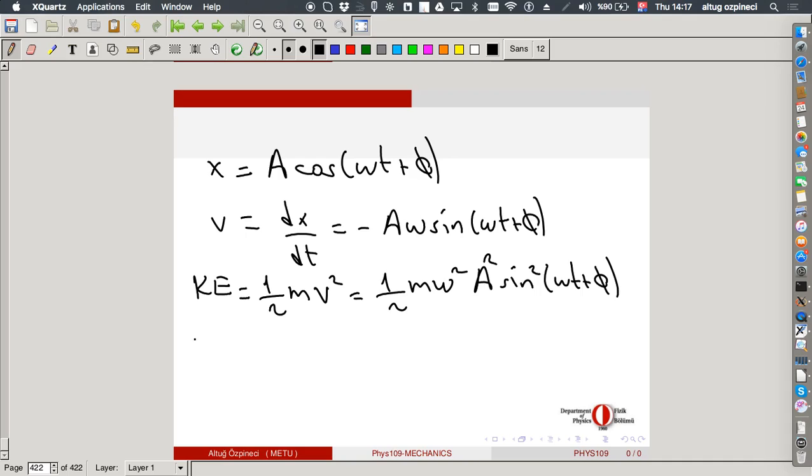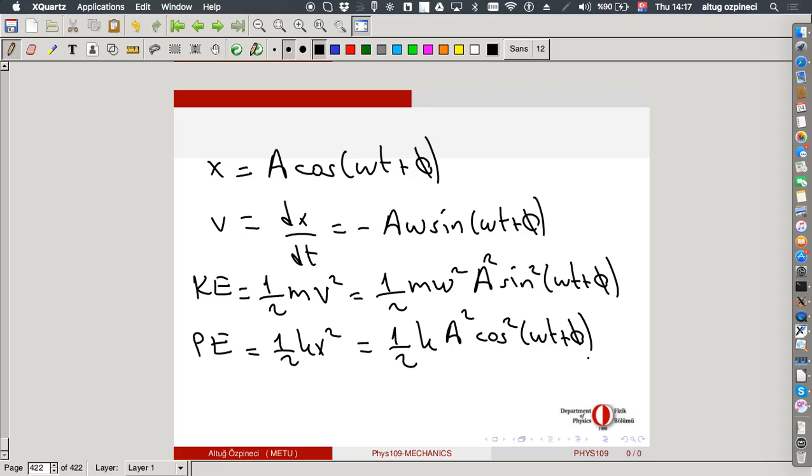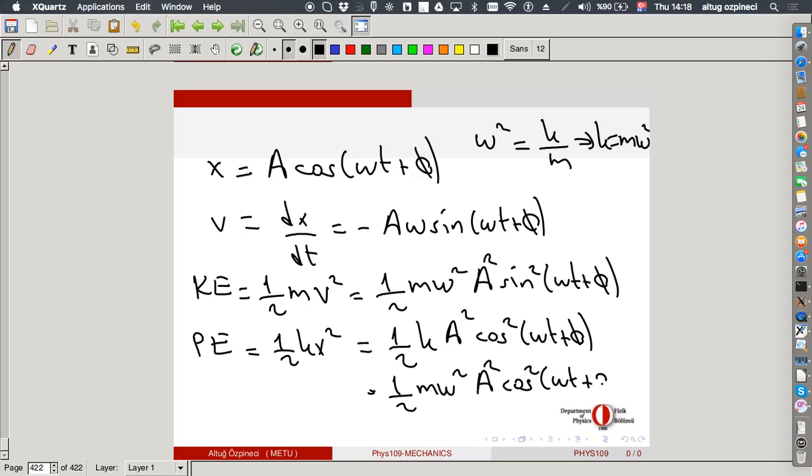But we also know the potential energy. This was 1 over 2 k x squared. This is 1 over 2 k A squared cosine squared omega t plus phi. But remember, omega squared was k over m, or k is m omega squared. So if you put m omega squared over there, this is 1 over 2 m omega squared A squared cosine squared omega t plus phi.